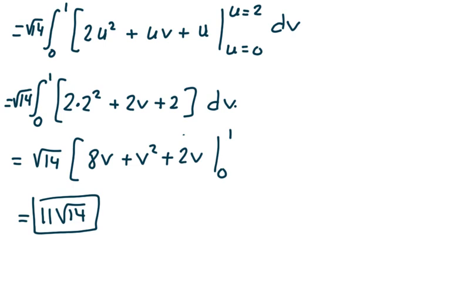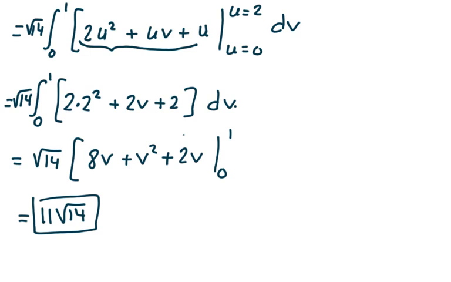I would specify that I'm going from u equals 0 to u equals 2 because a lot of times our integrands are going to contain multiple variables, and it's very helpful to keep track of what variable you're plugging in for.